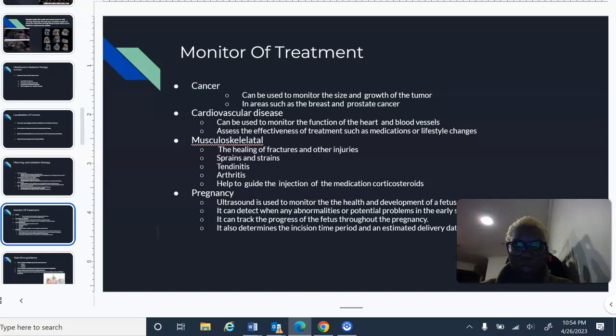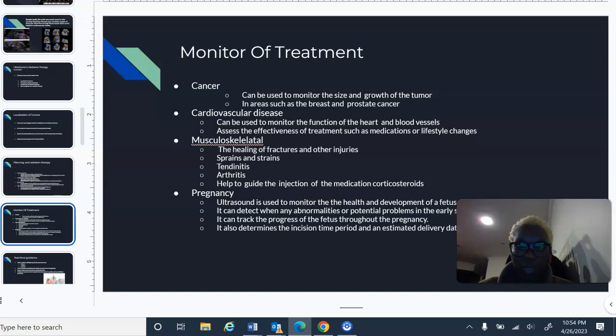Cardiovascular disease. It can be used to monitor the function of the heart and blood vessels, and assess the effectiveness of treatment such as medication or lifestyle changes.